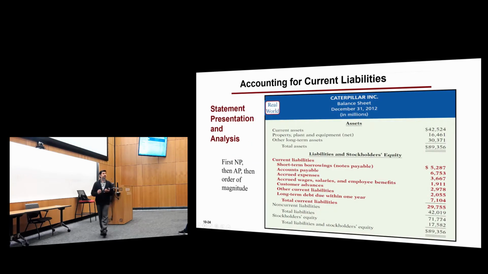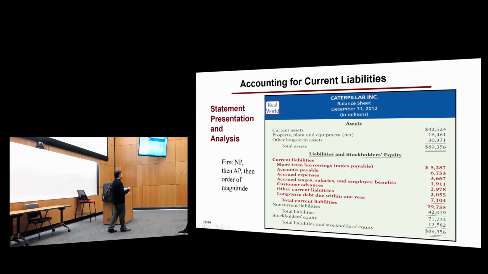In the financial statement, on the balance sheet, when companies record current liabilities, they usually start with notes payable because it has the strongest claim over the company's assets. We're talking about short-term notes payable here because we're talking about the current liabilities.